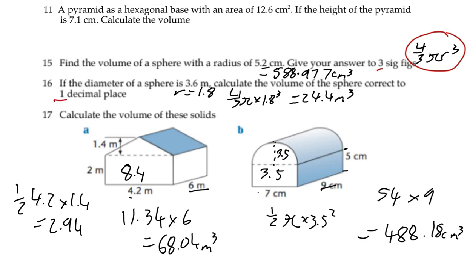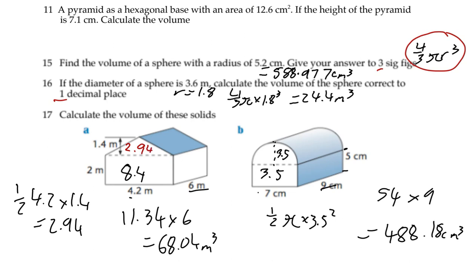Now, just like I mentioned earlier with my prisms, just find the area of the front and multiply that by the depth. So for this first one, you do half 4.2 times 1.4 to give you the area of this triangle, which is 2.94.